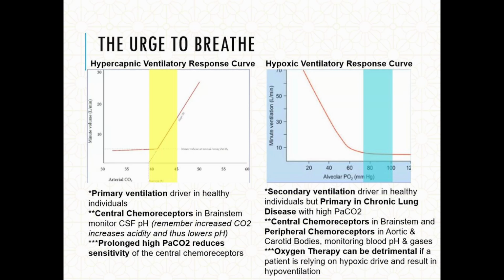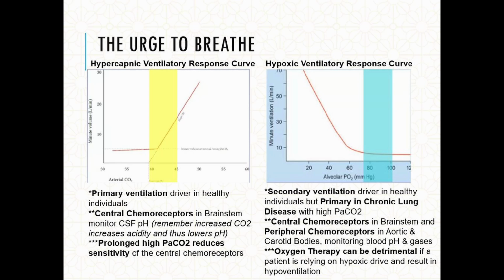Now, in these patients, they're actually relying on hypoxic drive to breathe, which makes things worse because we said our hypoxic urge to breathe doesn't kick in until that oxygen is really drastically low and far outside its normal range, compared to our PCO2, which drives the urge to breathe quite promptly, even before we're outside normal range.